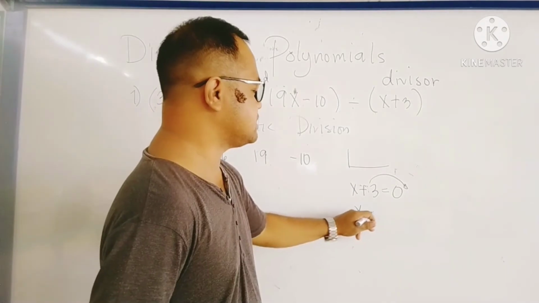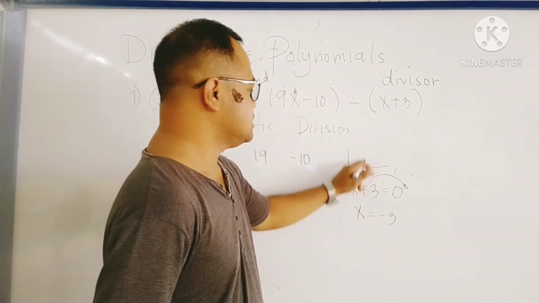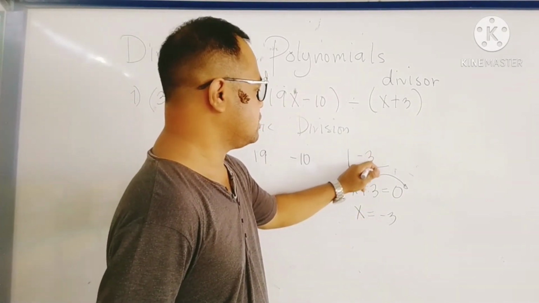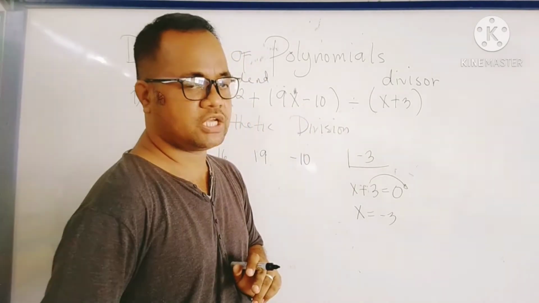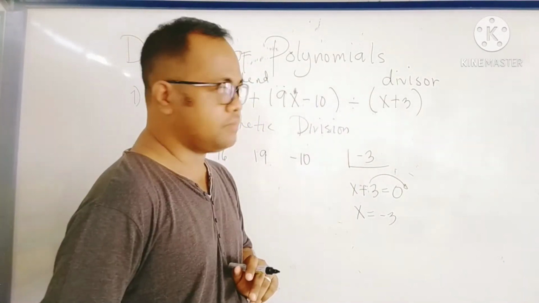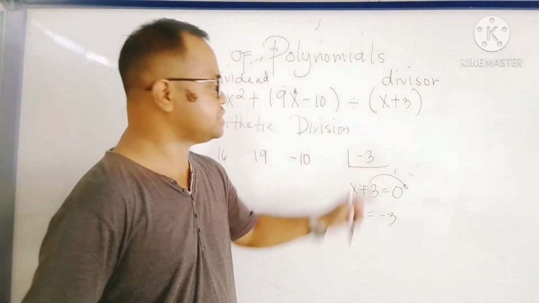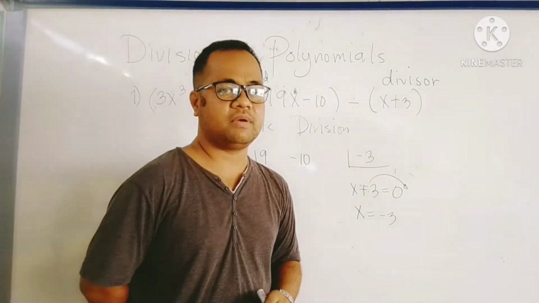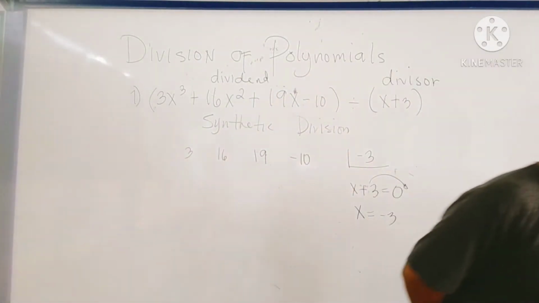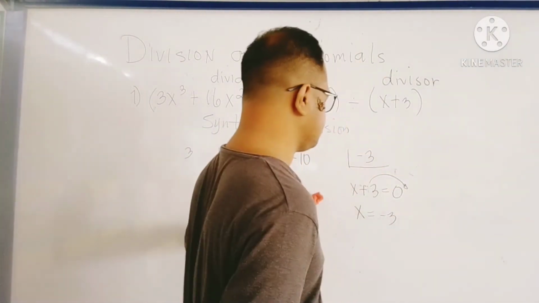So we have x is equal to negative 3. So, okay, you have to divide the coefficients of the dividend by negative 3, which is the value of x when you equate it to 0. Okay.